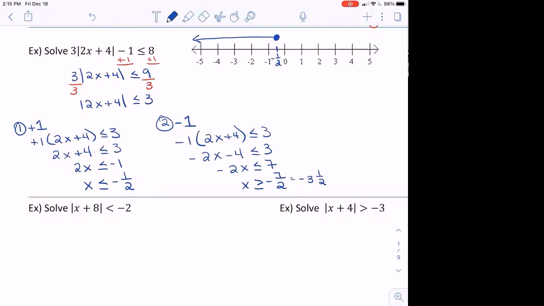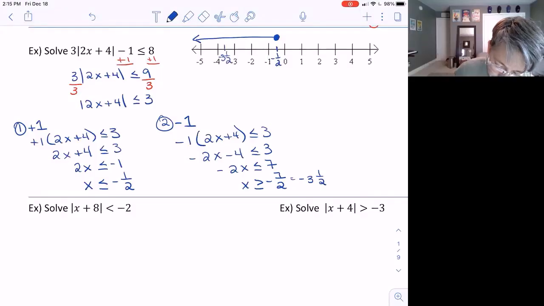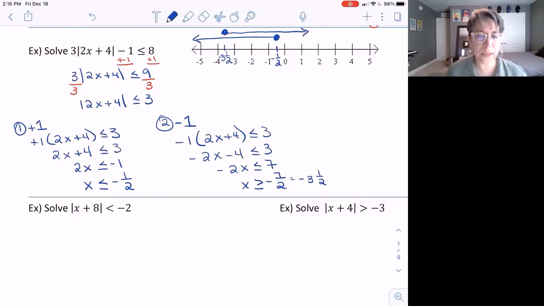Our second possibility gave us x is greater than or equal to a negative 3.5 or a negative 7/2, which is here. But that is greater than or equal to, so it shifts to the right.